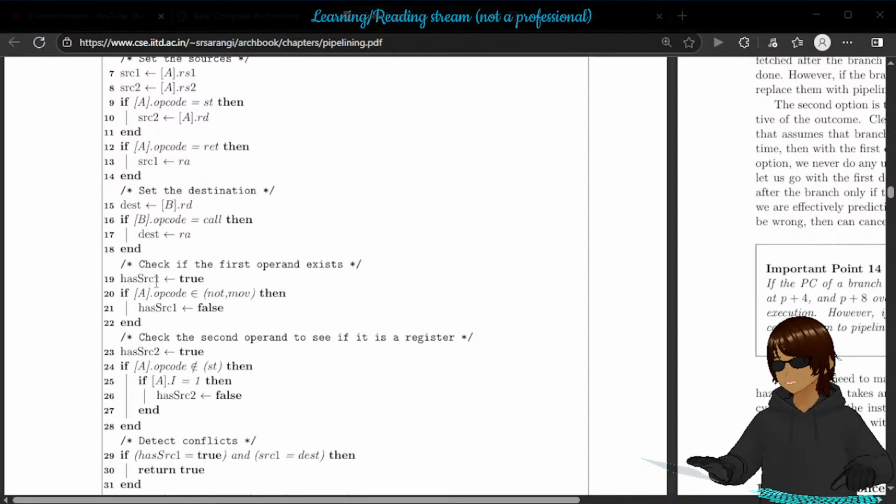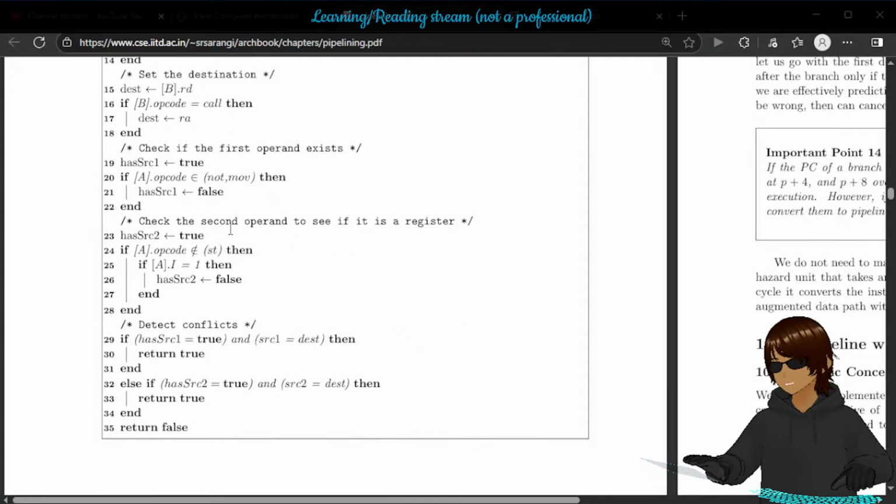Check if the first operand exists. So has source 1 is true. If the opcode is not or move, then has source 1 is false. Check the second operand to see if it is a register.